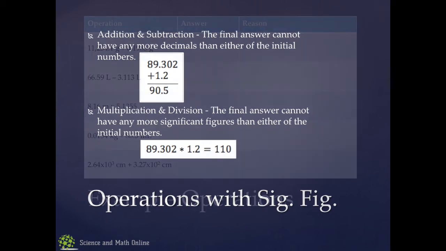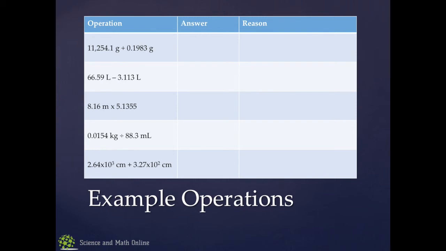All right, so let's look at some examples. So if I add these together, my answer needs to be rounded off to 0.3 at the end because I only have one number after the decimal here. Same thing here. I've got 2 behind the decimal and 3, so I've got to round it off at 2.